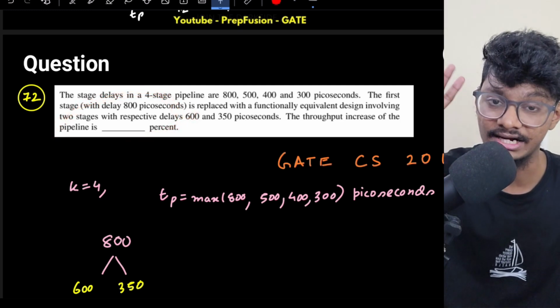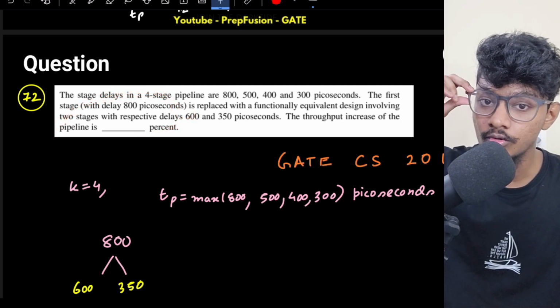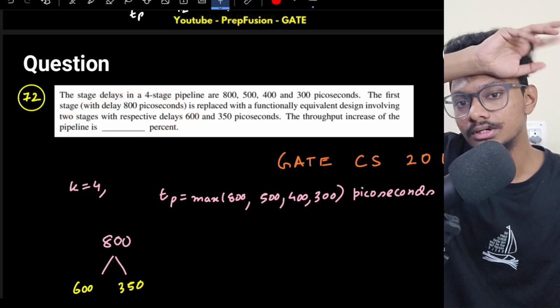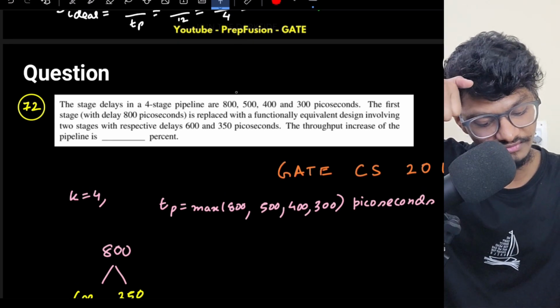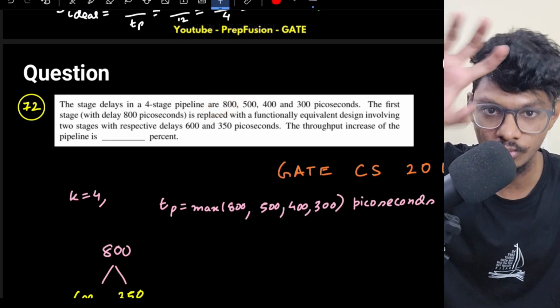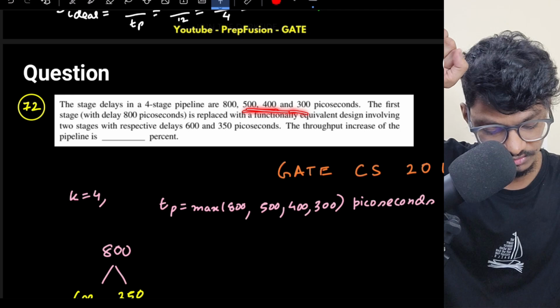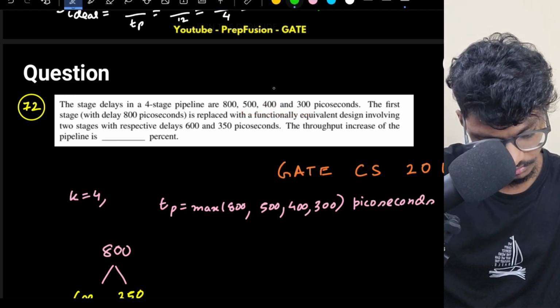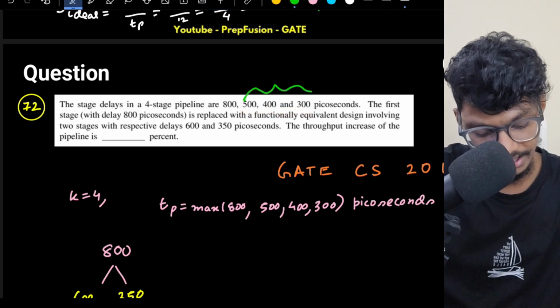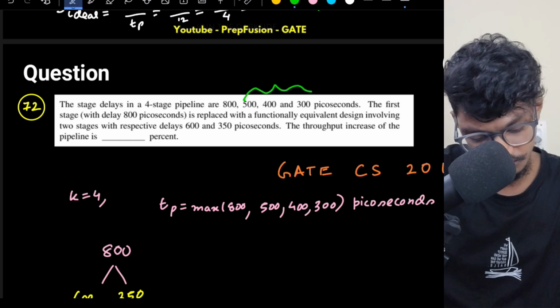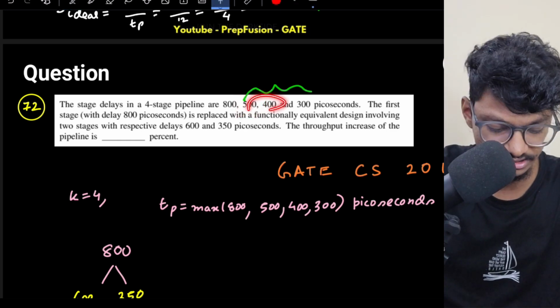So obviously that is the advantage. I'm able to do more tasks, because TP has reduced. Previously this stage was taking so much time that there was more idle time, because I was giving 800 picoseconds to each stage. So this stage also got 800, this stage also got 800.